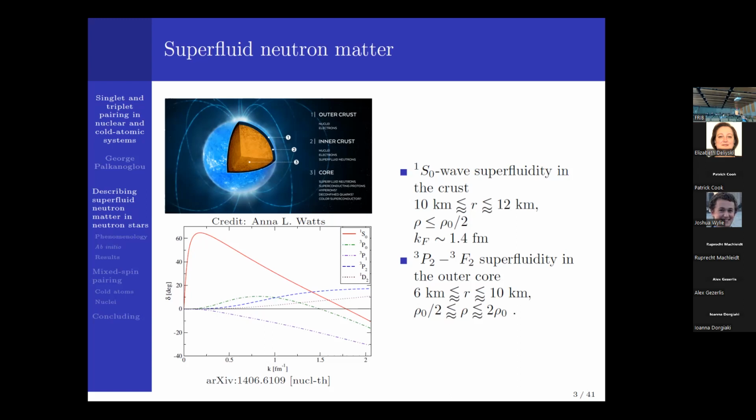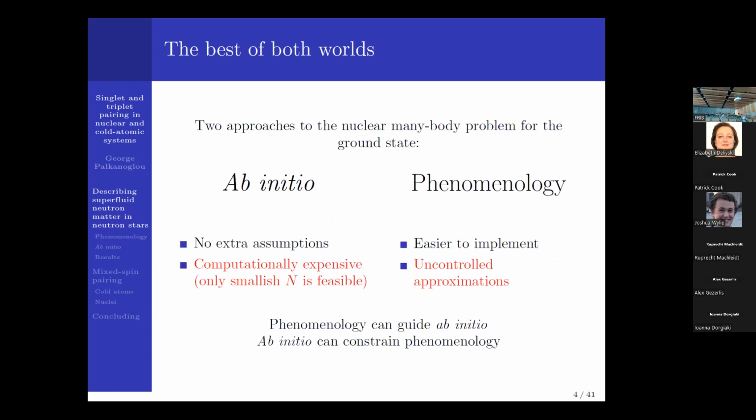To solve for the ground state of a superfluid is one of the main parts of the quantum many-body problem. And in nuclear theory, we have essentially two ways of going about solving for the ground state of a system.